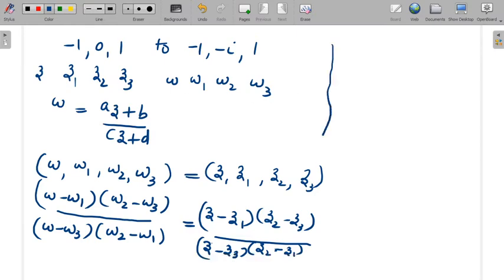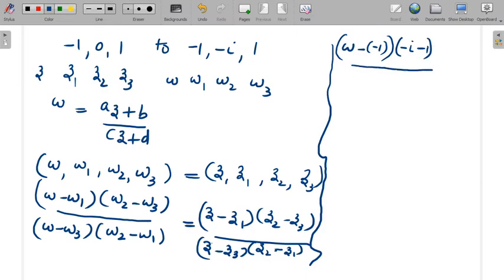So when you substitute this, we get W minus, W1 is -1. So W minus -1 into W2 minus W3, that is -I -1 divided by, now interchange these 2 points. So the denominator becomes W minus 1 into -I minus -1. And this should be equal to Z minus Z1.